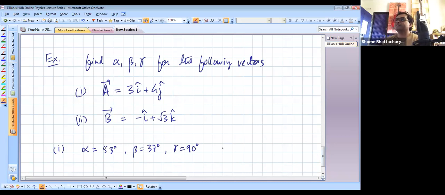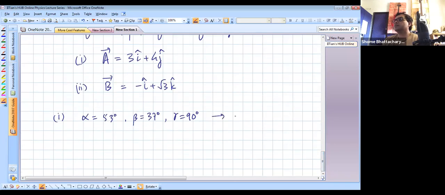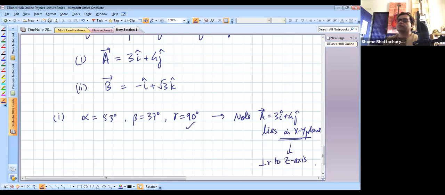Now, if you really think about it, it makes sense, because the given vector, 3i cap plus 4j cap, first of all, lies in the xy plane. So anything that lies in the xy plane, naturally it should be perpendicular to the z-axis by definition. You can see that's happening.